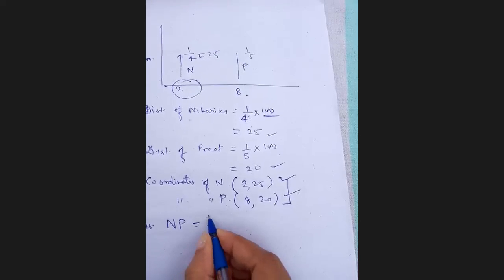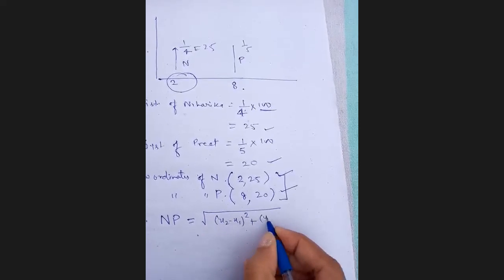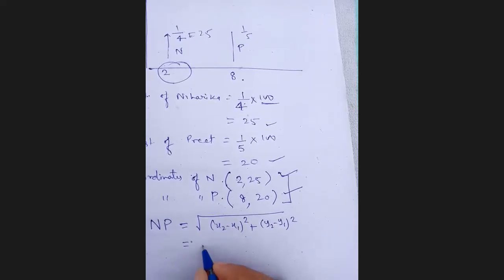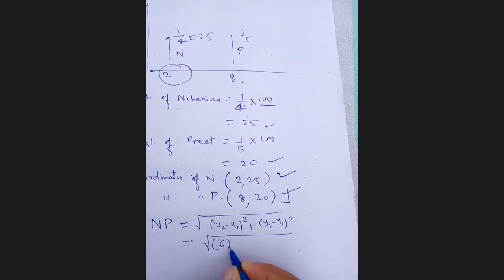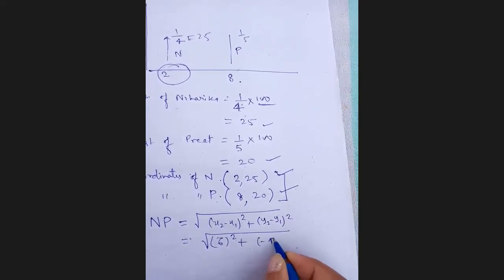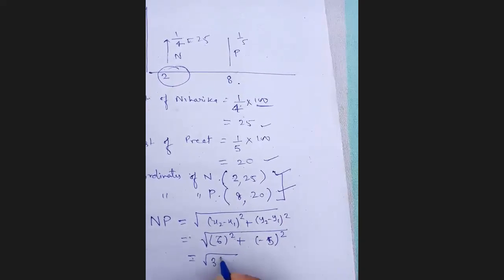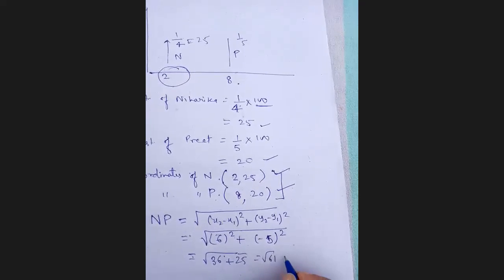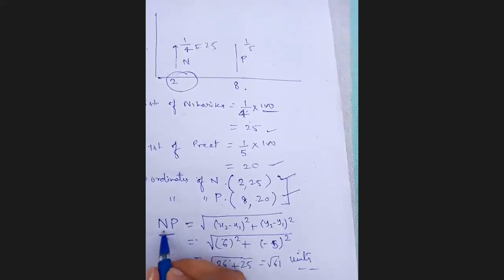Distance NP equals to, the formula is x2 minus x1 whole square plus y2 minus y1 whole square. 8 minus 2, 6 and 20 minus 25, minus 5. Very good. So this is 36 plus 25, root 61. So root 61 units will be the distance between Niharika and P.